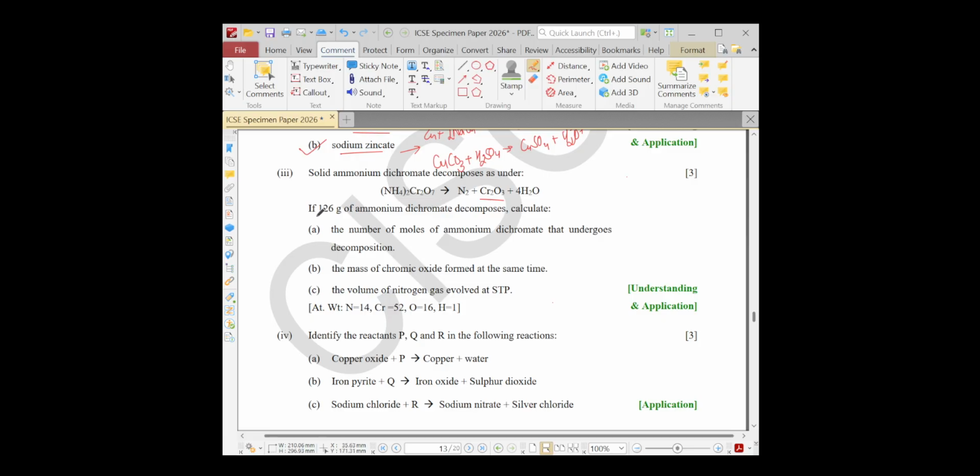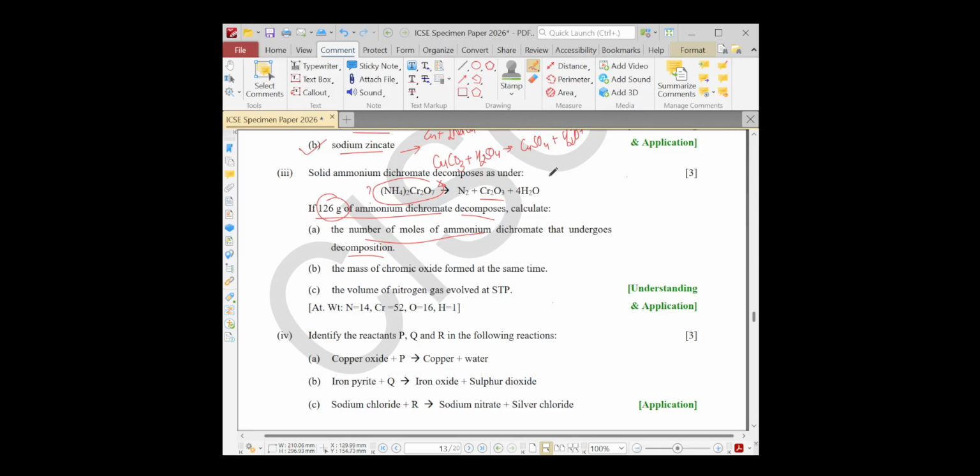It says 126 grams of ammonium dichromate is decomposed. On heating it is going to break into nitrogen, chromium oxide and water. Now the question asks for the number of moles of ammonium dichromate that undergoes decomposition when 126 grams is used.